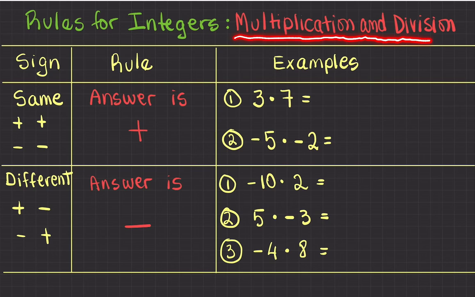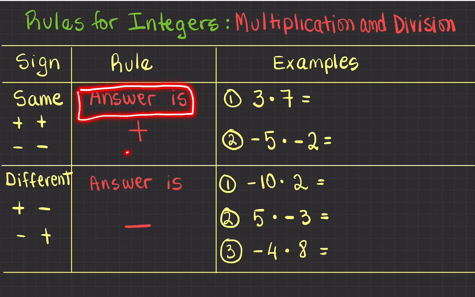Well, now let's see the rules for integers, but this time when your problem is a multiplication or a division. If signs are the same, meaning both positive or both negative, your answer will be a positive sign. So 3 times 7 in problem number 1, both positive, right?